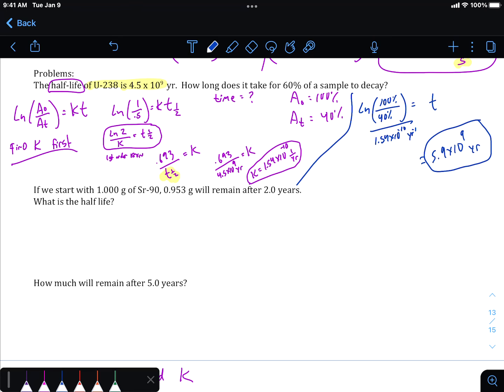Begin this problem the same way that we began the last problem, meaning you need to find what the value of the rate constant is first. Once you have the value of the rate constant, that's going to allow you to find the half-life. And then once you have the half-life, that's going to allow you to answer the second part of the question.